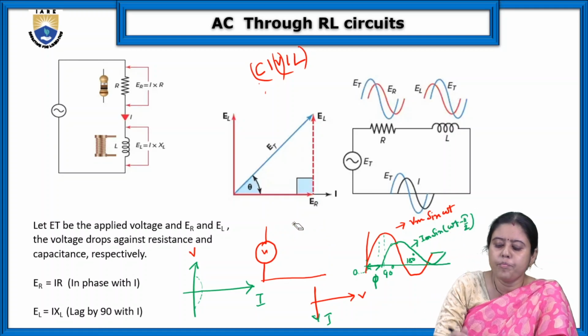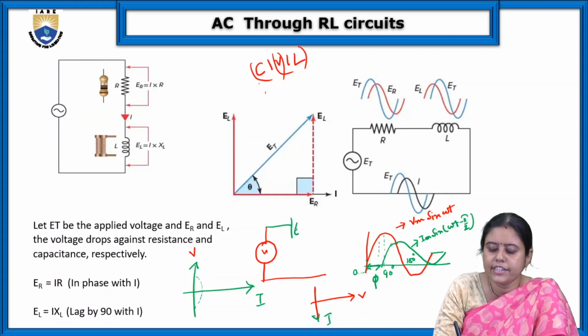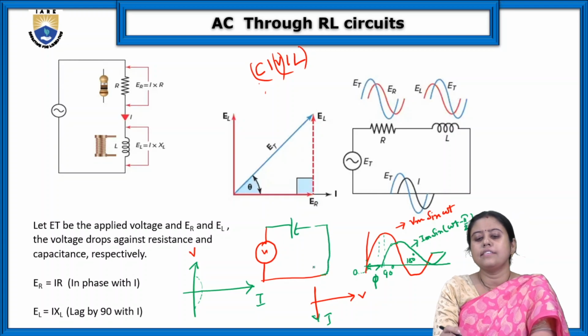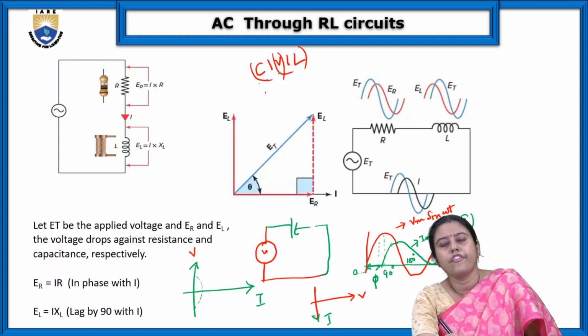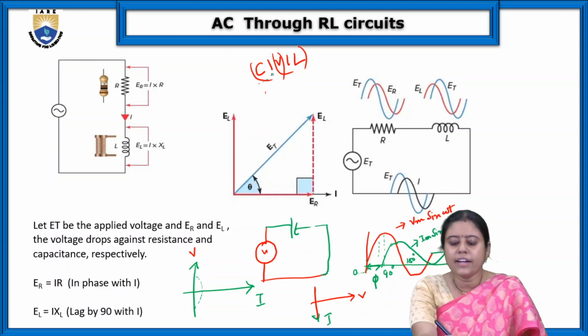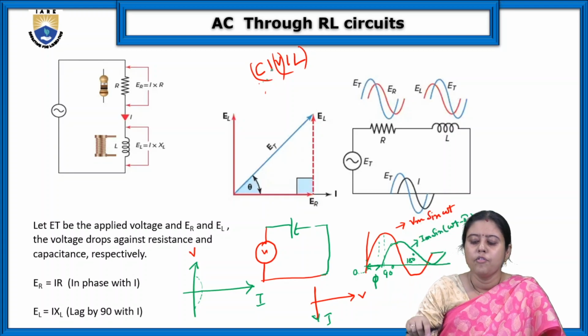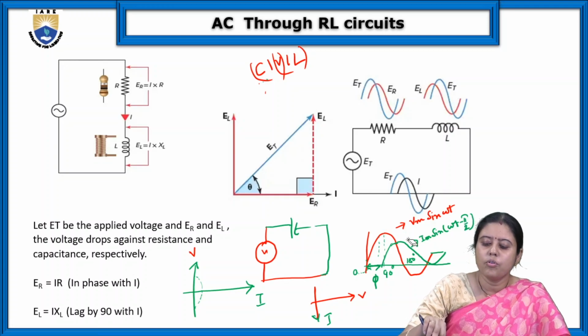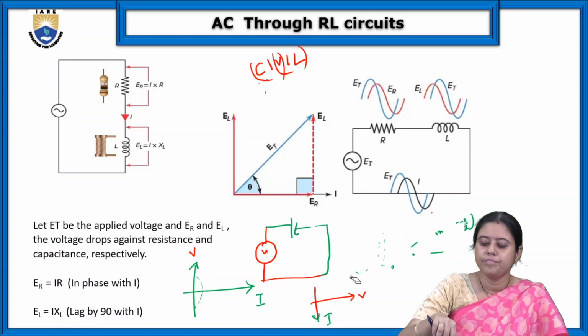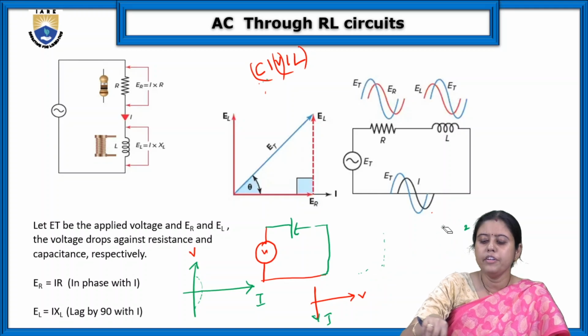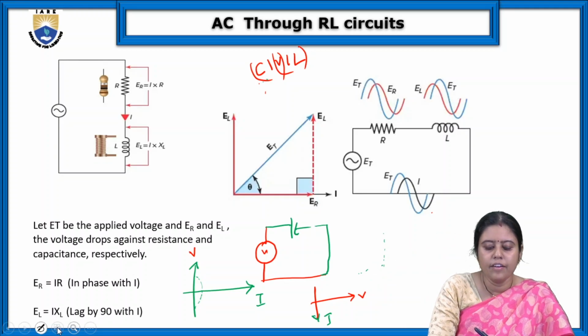What will happen if we go the same way for the capacitance? As we know, CIV: capacitor current is leading and voltage is lagging. So what will happen in this case? I will show here again.